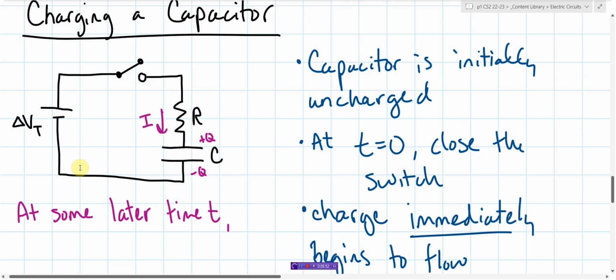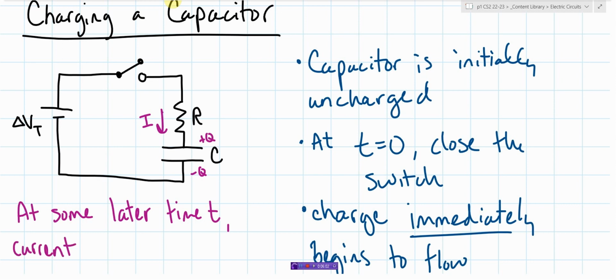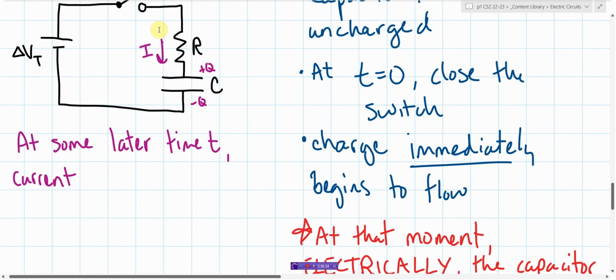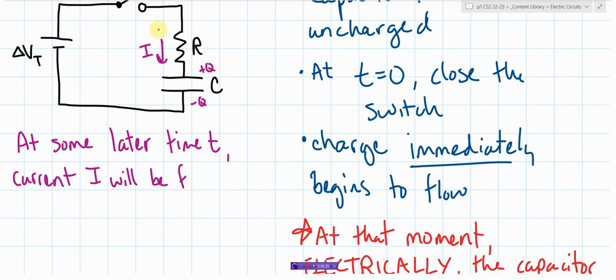That's still there. So at this later time t, let's do a loop rule. At this later time t, current I will be flowing and charge Q will be on the plates.